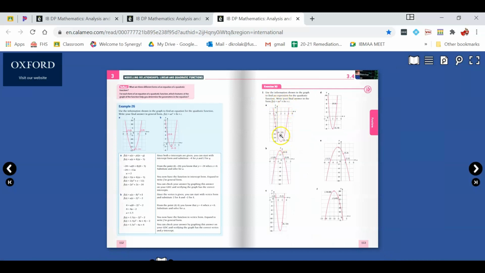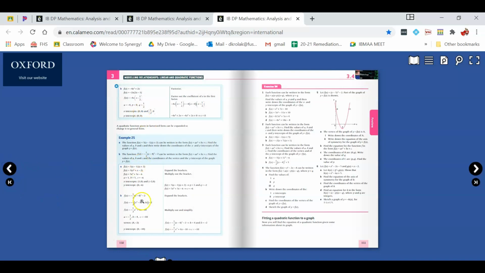Now in this quadratic, you're given the vertex and you're given a separate point on the graph. Now, I did examples of these. That should be in your notes and also in the video that goes with this lesson. But your textbook also has really well-written examples in it and how they are worked out.